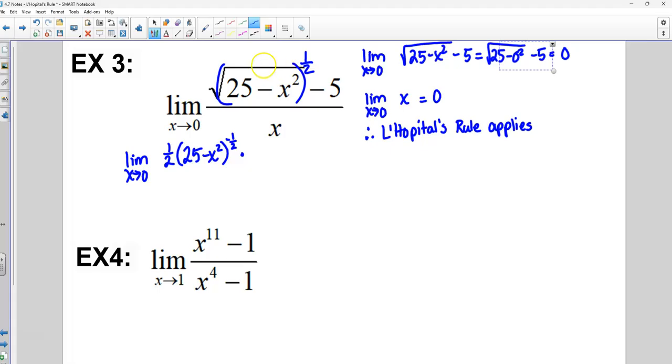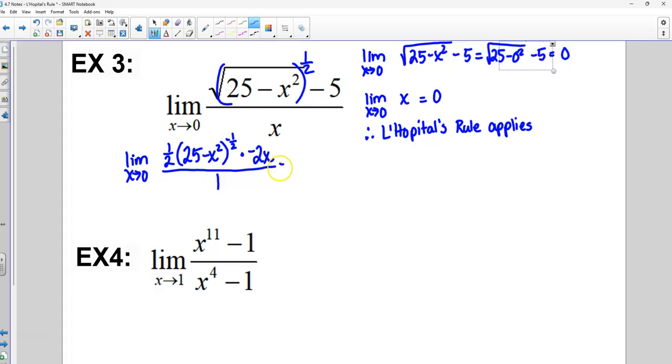What is the derivative of the inside of that square root? Almost 2x. Negative 2x. And then what's the derivative of that minus 5? That's just 0. It goes away when we take the derivative. So top is complicated, but what's the derivative of the bottom? It's just 1. So part of our issue's gone away here, right?